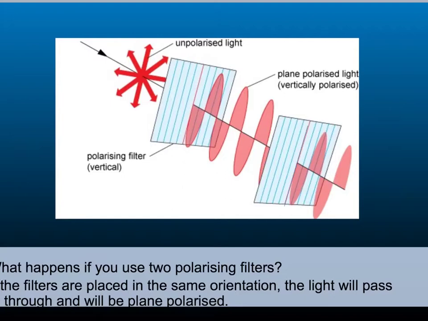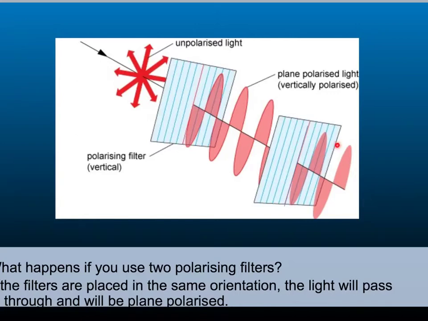If you have a pair of filters, then you can see that the orientation of the second filter has an effect on what kind of polarisation the light coming through has. In this one we've got two vertical filters, and you can see that the light comes in, is vertically polarised and is allowed to pass through the second filter, also vertically polarised.